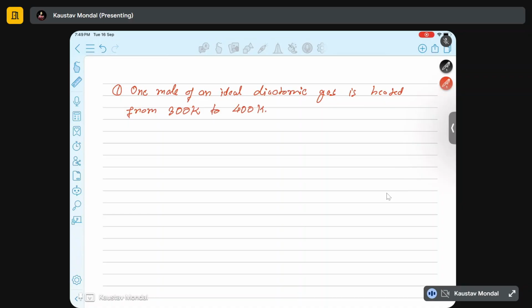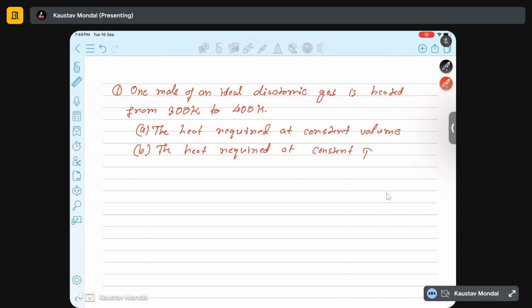Now you have to find the heat required at constant volume, and second, the heat required at constant pressure. So these two things you have to calculate.